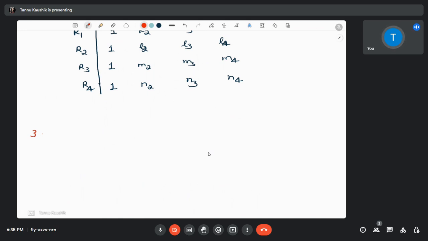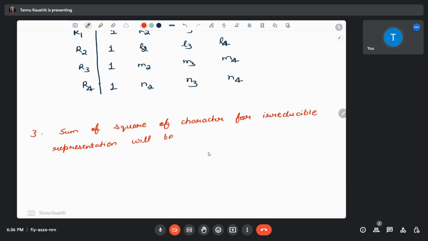So the sum of square of each of the characters in an irreducible representation will be equal to the order of that particular point group.